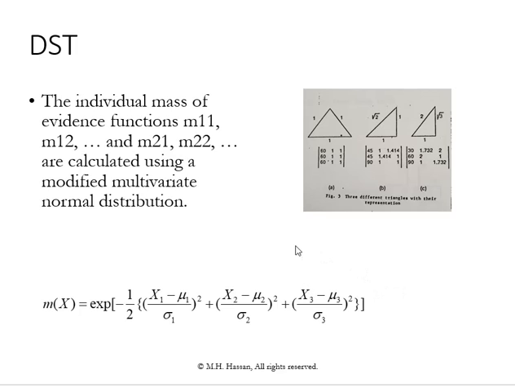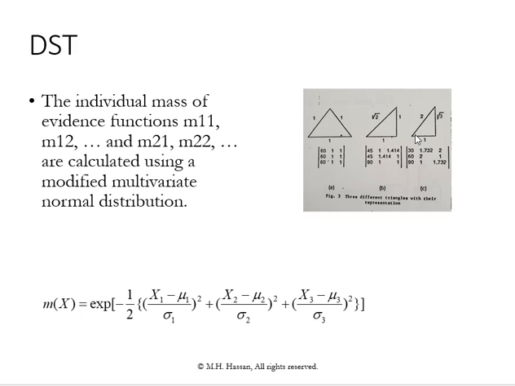We can calculate the evidences based on comparison of each vertex with the following. For instance, if this is D1, and we compare this vertex, which is 61, with this one, which is 45, 1, and root 2, 1.42, we will calculate M12.